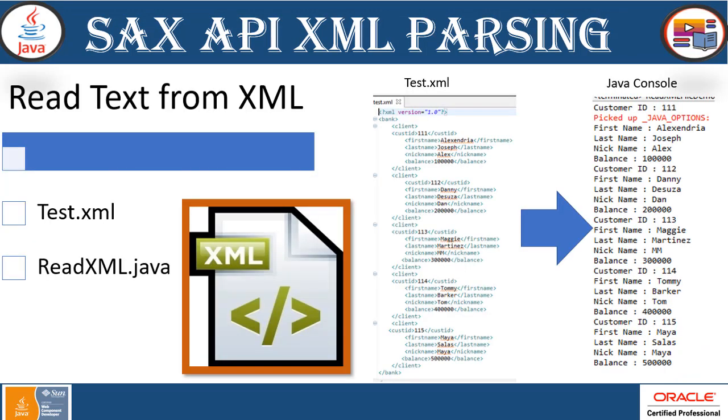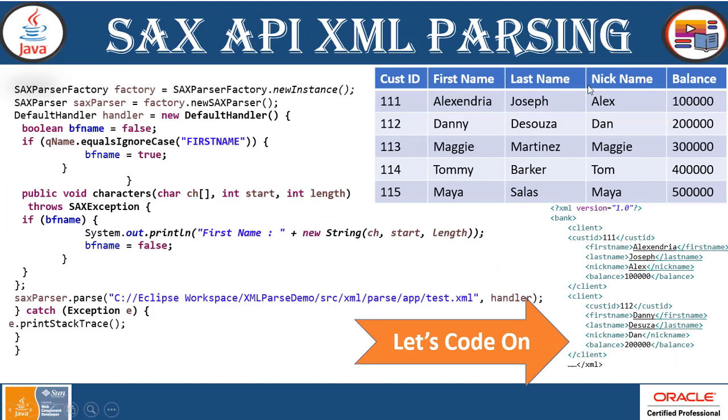Now let's take a look at the demonstration. We have the same file, and we are going to use the SAX API. This is our data table in XML form, and this is our API where we are going to parse.